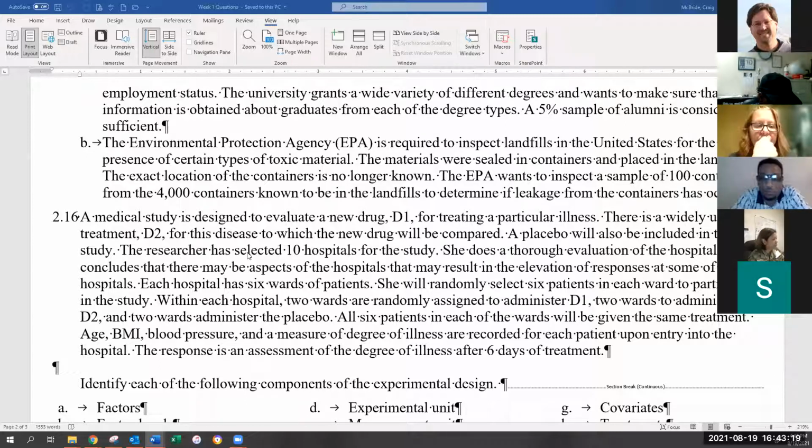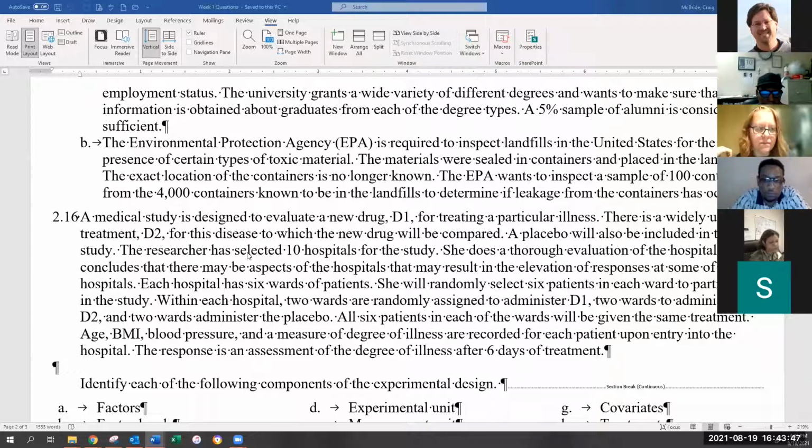Okay. Let's see, they're treating a particular illness, placebo to the researcher. So they don't tell you specifically what the illness is, and they don't specifically tell you what the drug is. They tell you that on all their patients, they're going to take their age, their BMI, their blood pressure, and then how sick they are.